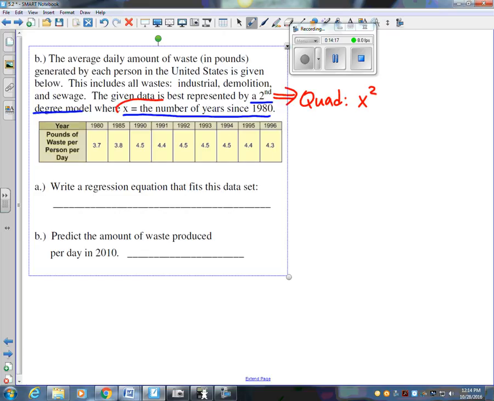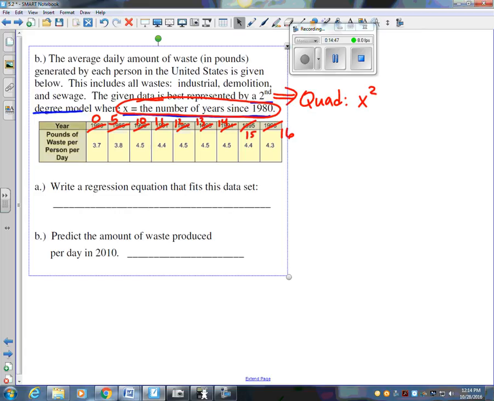They're telling you that X is the number of years since 1980, so you have to follow that direction. So 1980, how many years has it been since 1980? 0. So that turns into a 0. Then 1985 would be 5 years. 1990 would be 10. 1991 would be 11, 12, 13, 14, 15, 16.